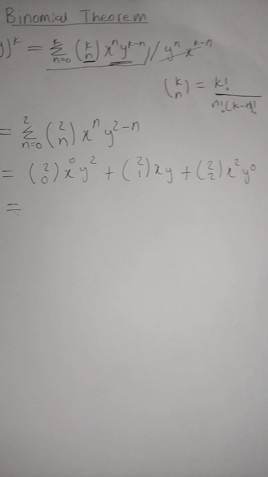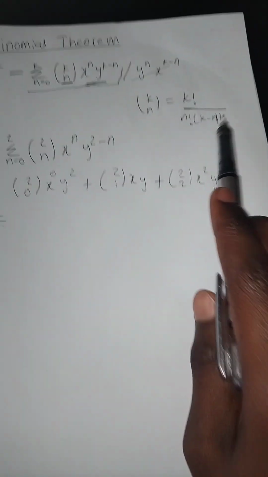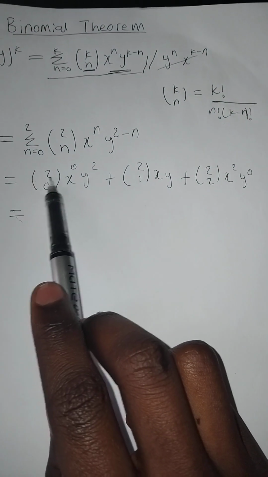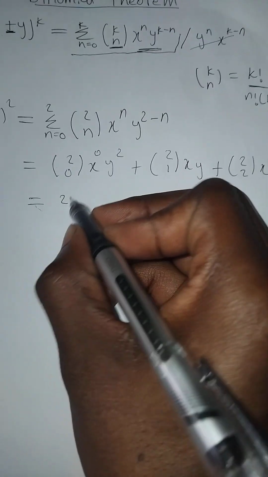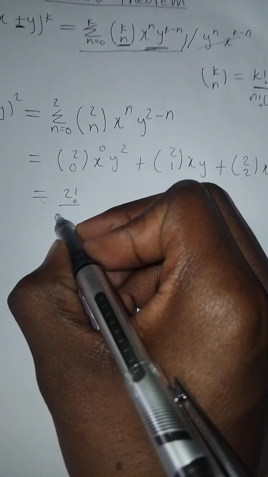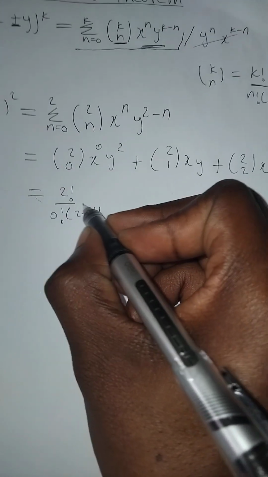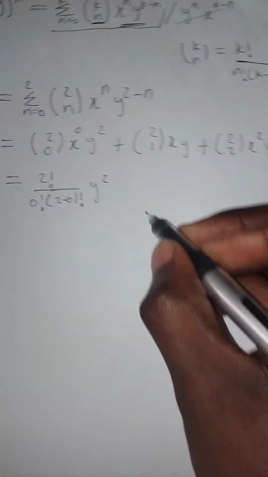To simplify, we are going to apply the combination equation that I wrote for you here. K is 2 now, and our n is 0. So we are going to have 2 factorial divided by 0 factorial times (2 minus 0) factorial. Then x to the power 0 is 1, so we are left with y squared here.